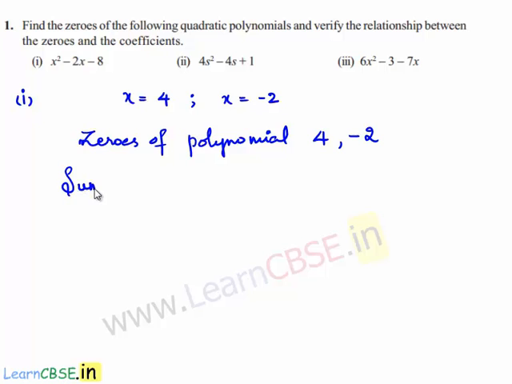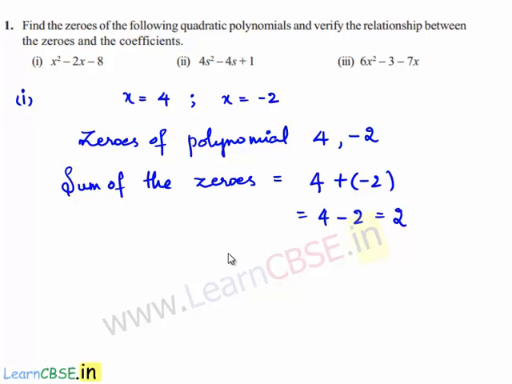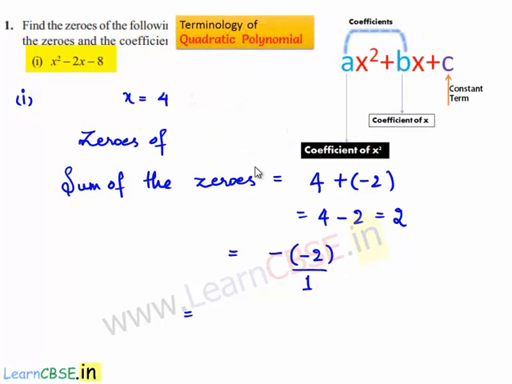and the sum of the zeros is equal to 4 + (-2), which is 4 - 2, which is equal to 2. So this 2 can be written as -(-2)/1.